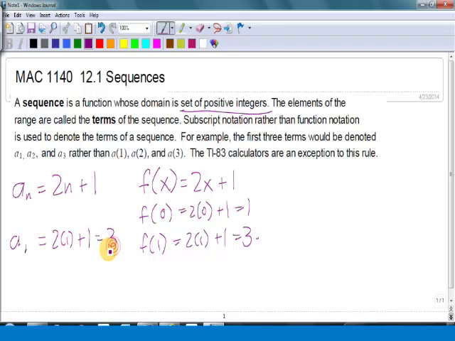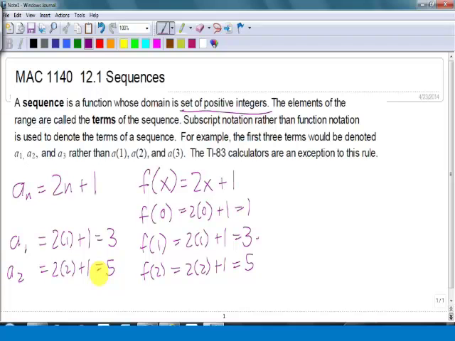That's 2 plus 1, which is 3. We substitute the number for n, whatever the subscript is, and we evaluate that expression just like we would for a function. F of 2 equals 2 times 2 plus 1. 4 plus 1 is 5. A sub 2 equals 2 times 2 plus 1. 4 plus 1 is 5.